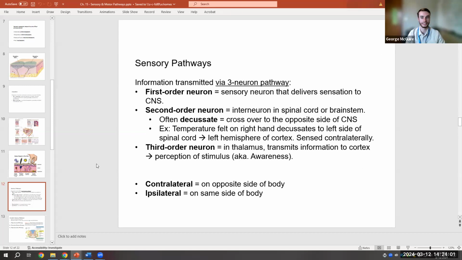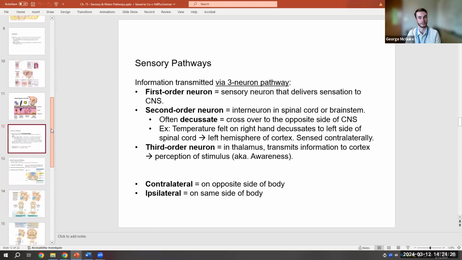And so when perception is on the opposite side of where you sensed it, that is contralateral. Like contrary to common belief, contra, opposite. That's on the opposite side of the body. Ipsilateral is referring to the same side. So if you're perceiving on the same side that you sensed on, or responding on the same side that is sending that signal.